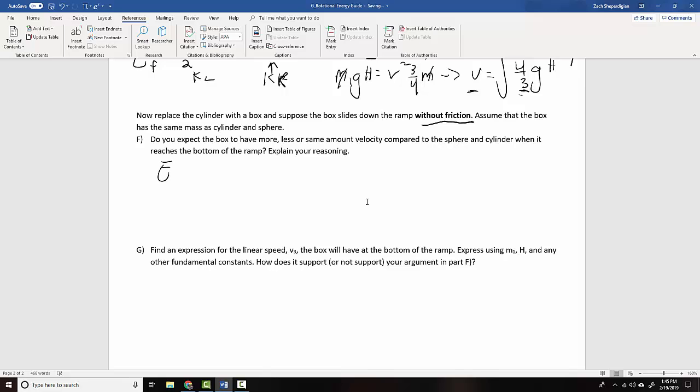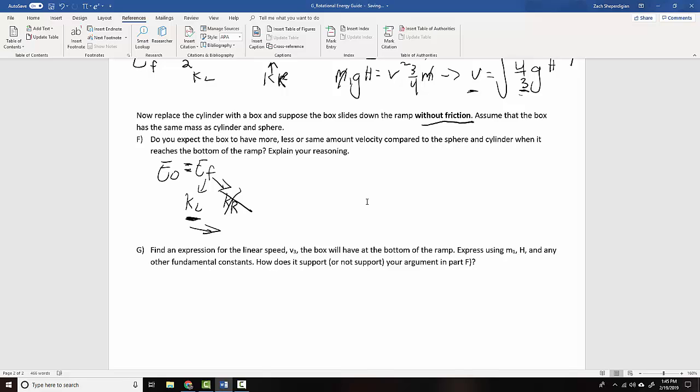Okay, so here's the idea. The whole thing that we've been playing around with, conservation of energy, is at the bottom of the ramp. If you have rotating objects, you have two different energies. You have kinetic energy that's just moving in a straight line, and you have the rotating kinetic energy. If you have a box without friction, you no longer have rotational kinetic energy. The box isn't rotating, so it's only moving with linear kinetic energy, in a straight line.